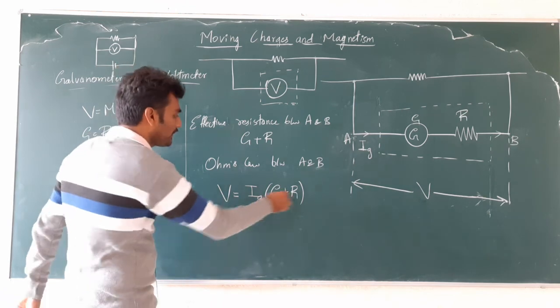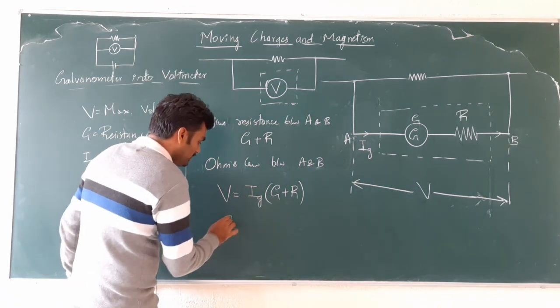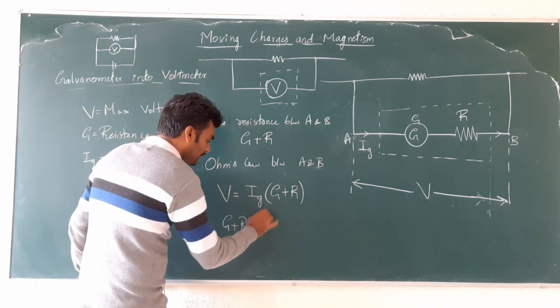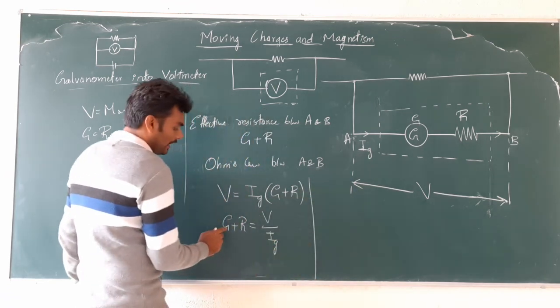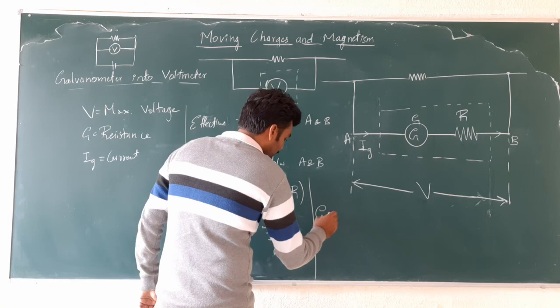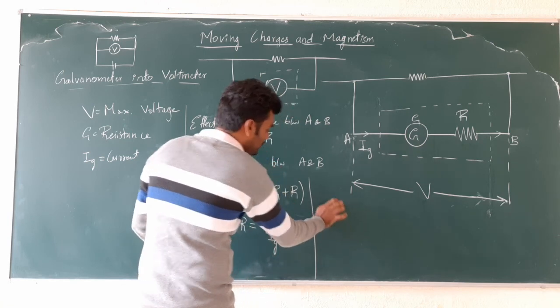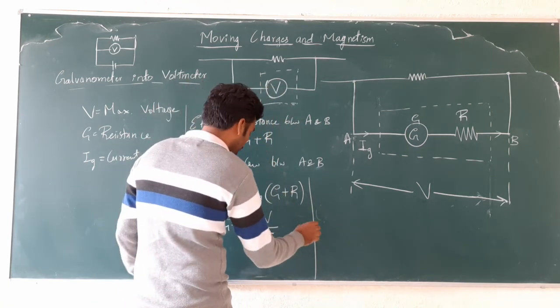So from this, G plus R is equal to V by IG, and G is the fixed internal resistance of the galvanometer.